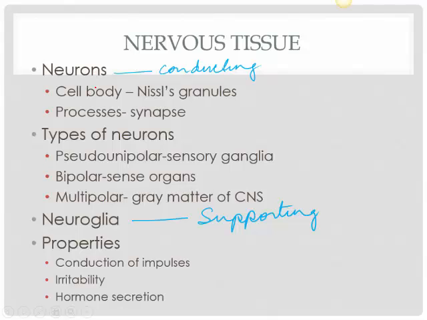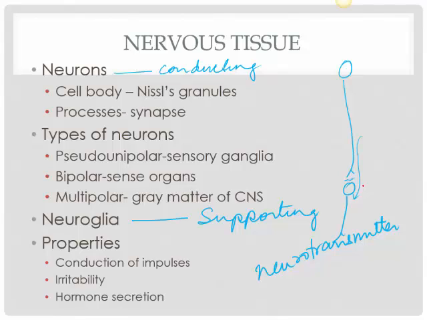So the property of these neurons is obviously to conduct impulses and react to stimuli, and that is the irritability property that they have. Normally, when a neuron reaches another neuron, it releases something known as a neurotransmitter, which allows it to send the impulses through.